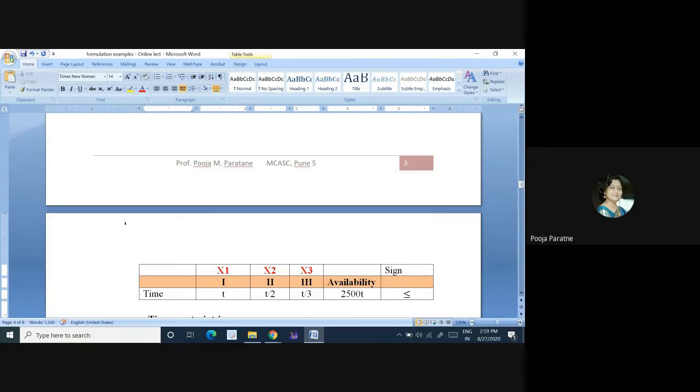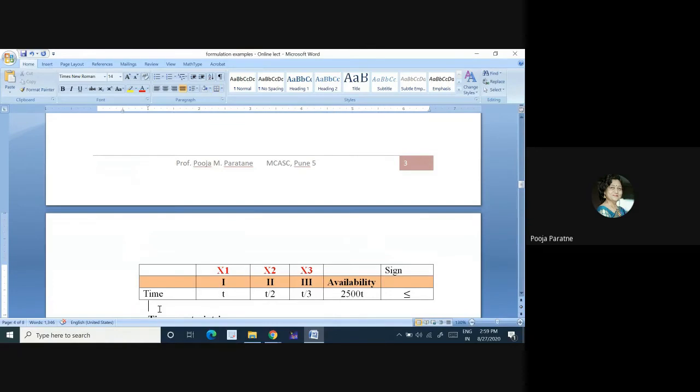Always put the figures per unit in the table. This table gives the actual information about the line: time required for 1 unit of model 1 is T, then T by 2 for model 2, then T by 3 for model 3, and total available time is 2500 T. So obviously the sign will be less than or equal to.